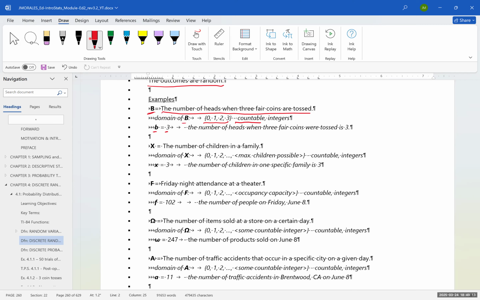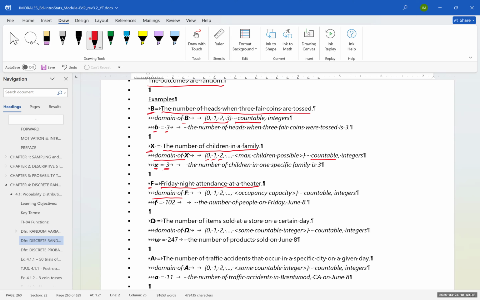We could have random variable X, which represents the number of children in a family. And so the domain of X would be 0 children, 1 child, 2 children, and so on. These are countable values. And we'd use a lowercase x to represent one of the values in the domain of our random variable. We could define random variable F to be the Friday night attendance at a theater.